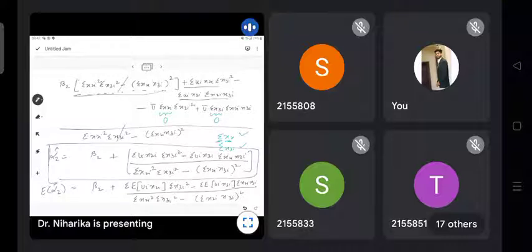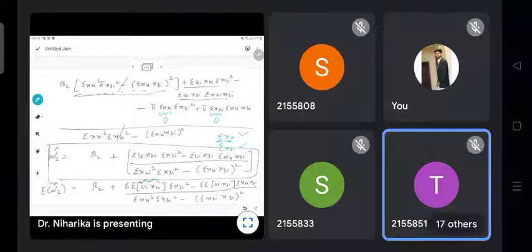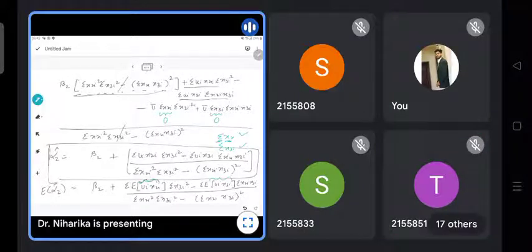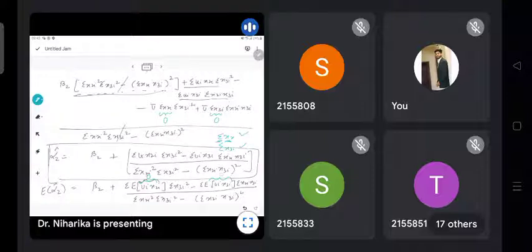So now here, what is this expected value of mu y and x to y? 0. Yes, according to our property, there's no covariance between the error term and the variable, so these terms will be 0. So we are ultimately left with this expression only, that expected value of alpha 2 cap equals beta 2.